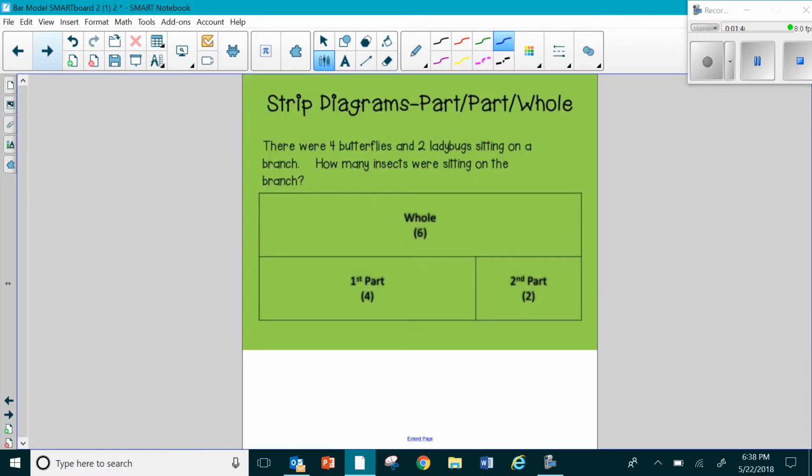So back to the first word problem, there were 4 butterflies and 2 ladybugs sitting on a branch. How many insects were sitting on the branch? The first thing that you would want your students to do is to answer the question sentence.